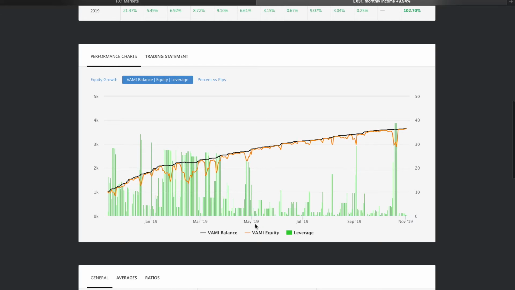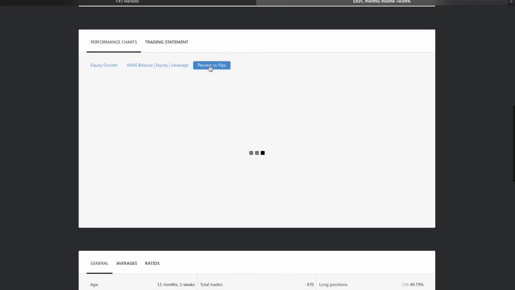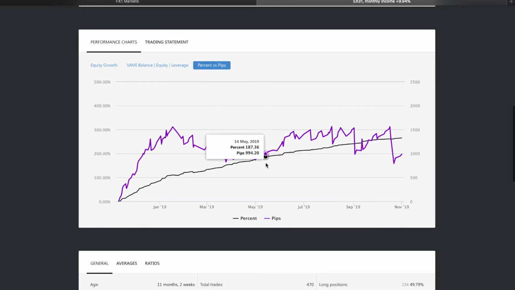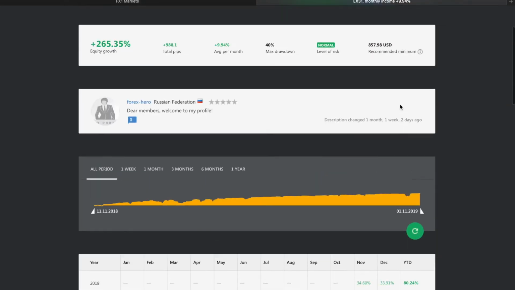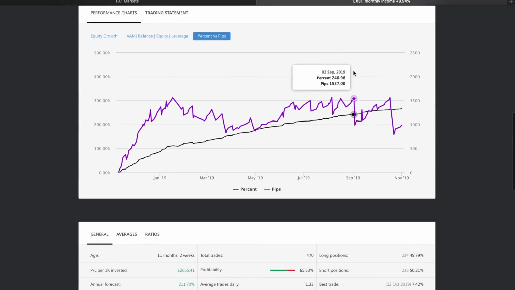It's good. So percent versus pips, you can see this is not parallel, so you cannot actually use that trading strategy, like how to follow this trader. You need to choose a different method of following. So it means you need to do, let's say, manual following, and you need to determine how much risk you want to take by following this trader.